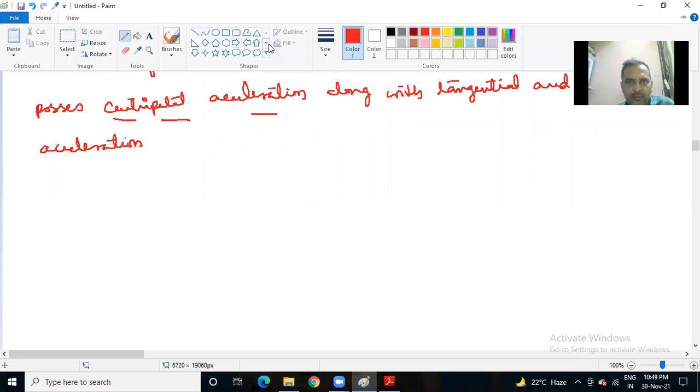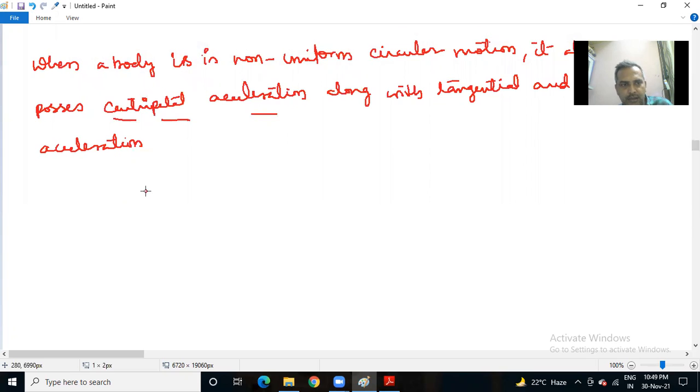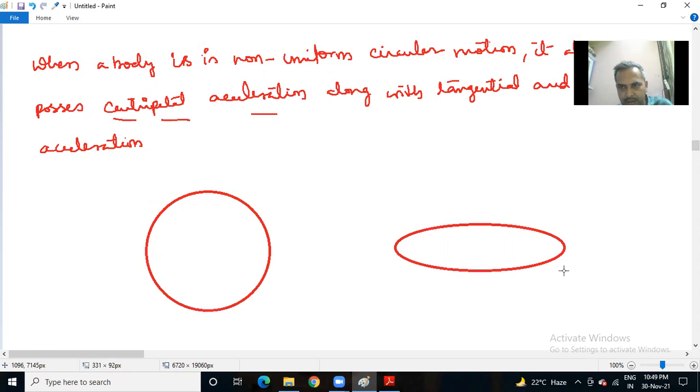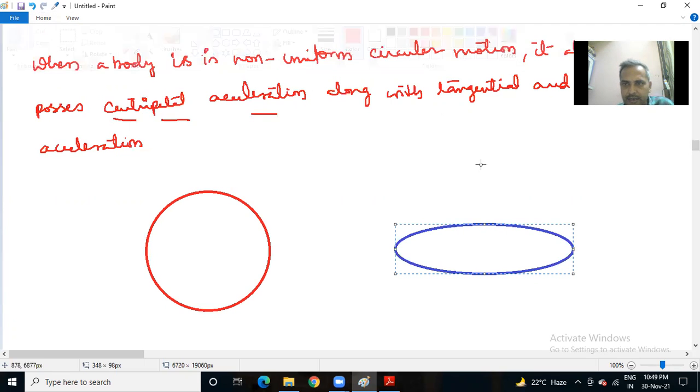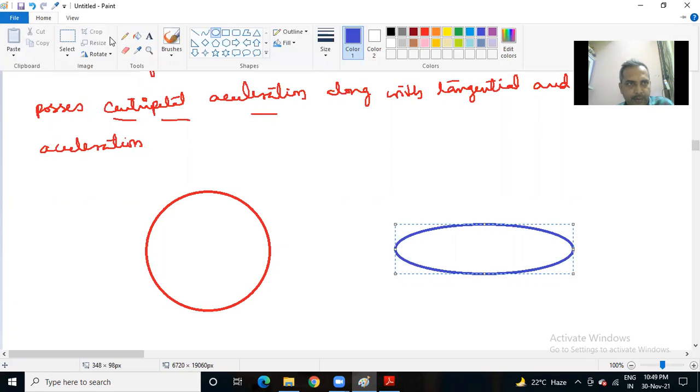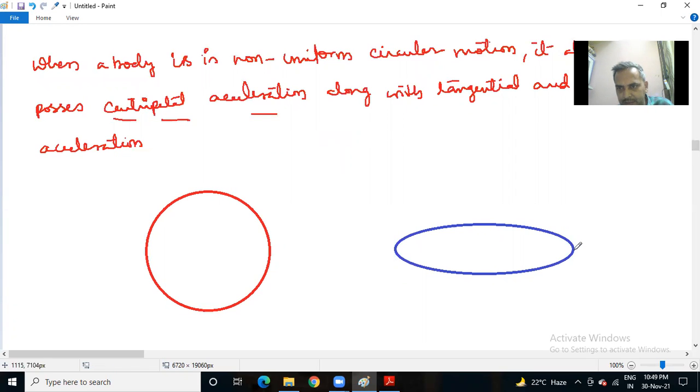Let us try to derive the equation for centripetal acceleration. Assume that a particle is moving in a non-uniform circular motion. You can take it in the vertical plane or in the horizontal plane. Whenever the particle is at any point at any instant, this is the direction of velocity at that instant.